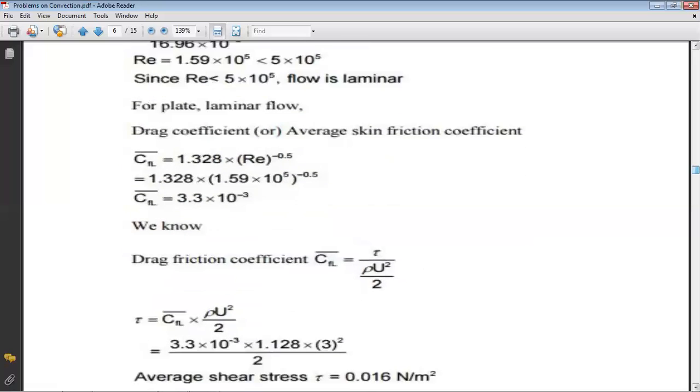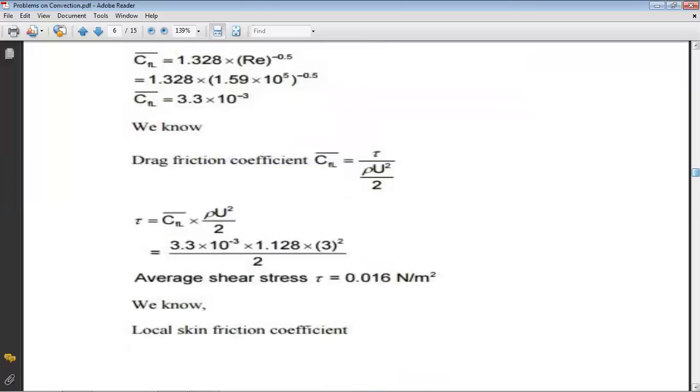Now we know that the drag friction coefficient is shear stress upon rho v square by 2, which is given in the notation part of local friction coefficient. If you use the formula, you can get the value of shear stress tau. This is the average shear stress, which is 0.016 Newton per meter square.